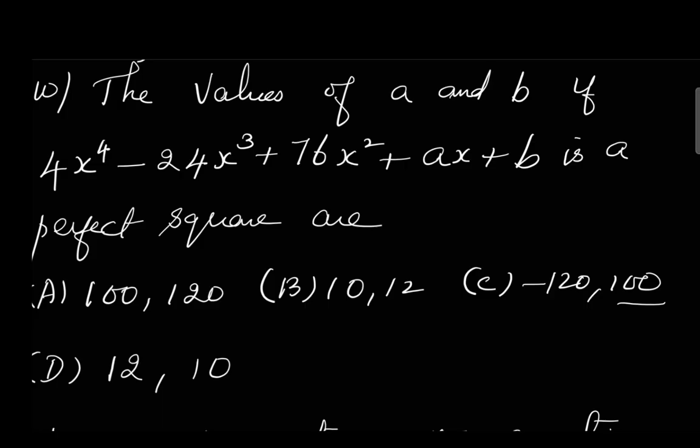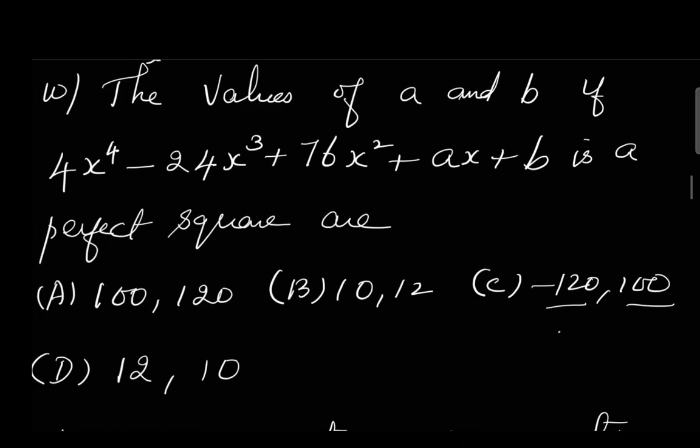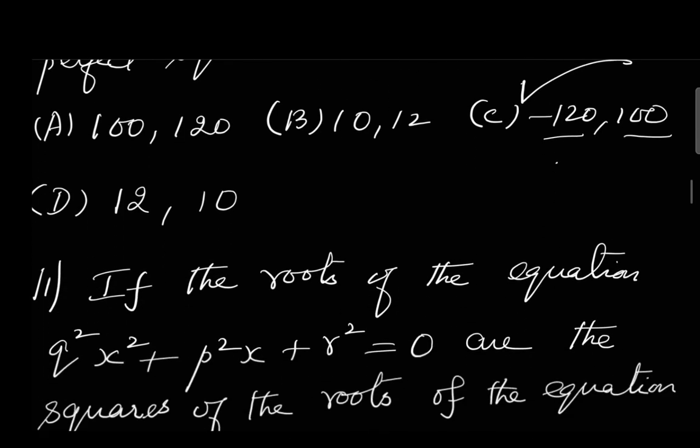And also see, here one term is minus. So there should be one more term, alternative positive term should be there. One more term should be negative. So A should be the minus term. So minus 120. So only possibility you are getting minus 120, 100. You can remember in this way. This is perfect square, then B should also be the perfect square term. So C, option C.